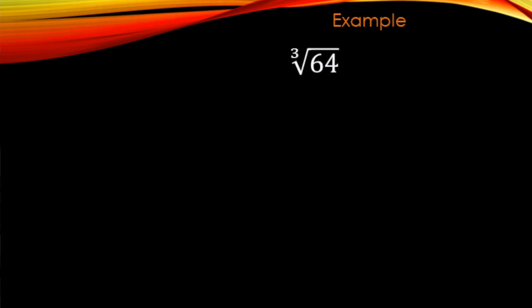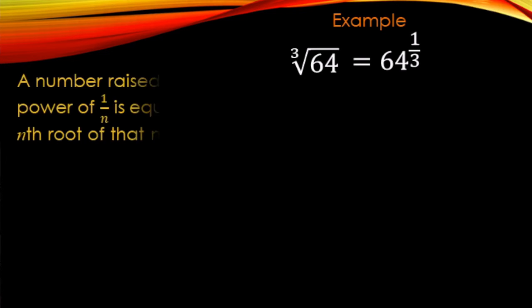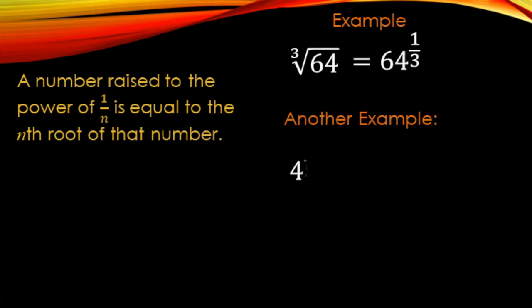So quick example here, cube root of 64, or the third root of 64. So that's going to equal 64 to the 1/3 power. Now remember, when we have a power and we want to switch it to radical form, the denominator is going to be the index, or going this direction that we just did, the index becomes the denominator of your exponent when you write it as a power.